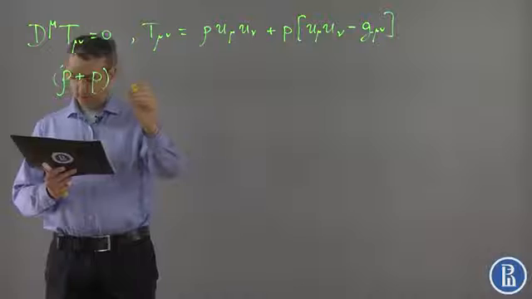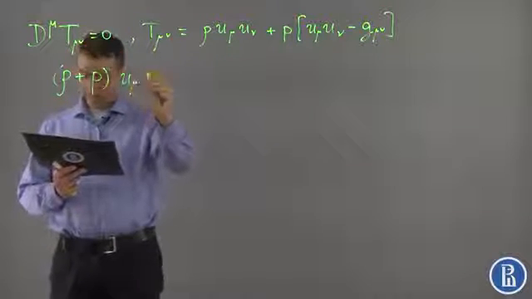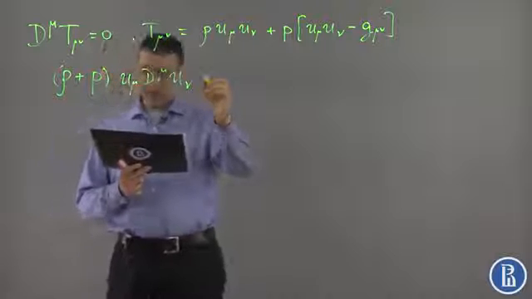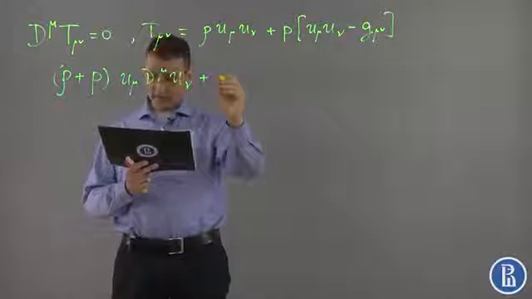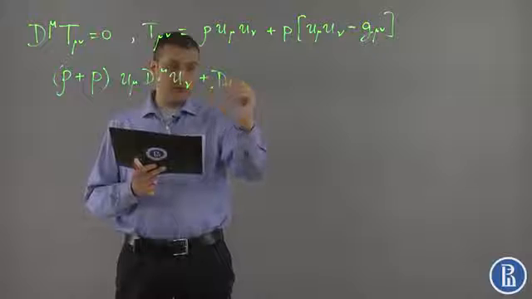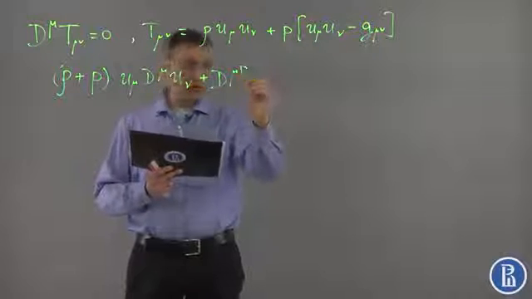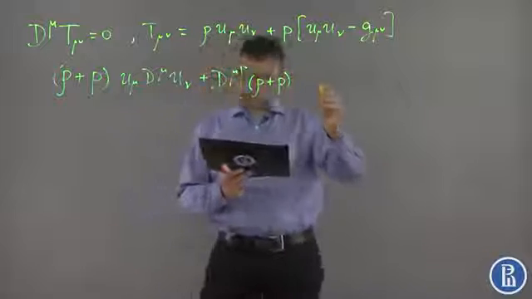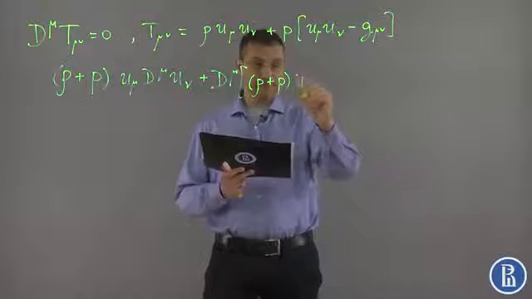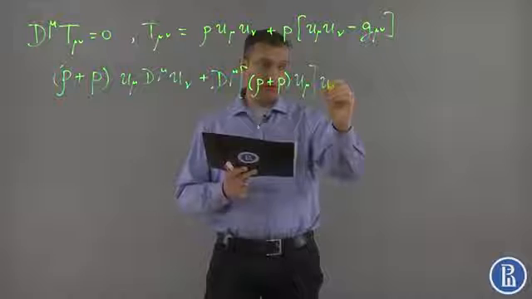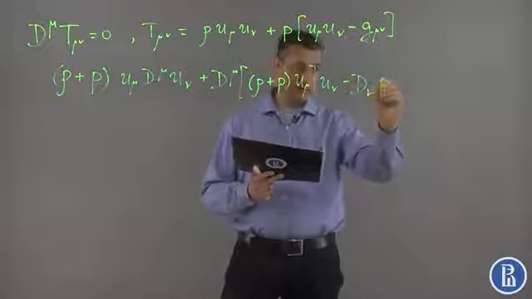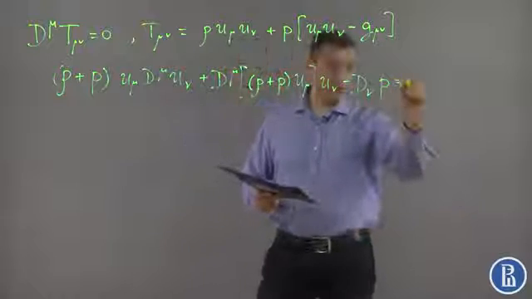This equation: (ρ plus p) u^μ ∂_μ u_ν minus ∂_ν p, plus u_ν times the other equation, is equal to 0.